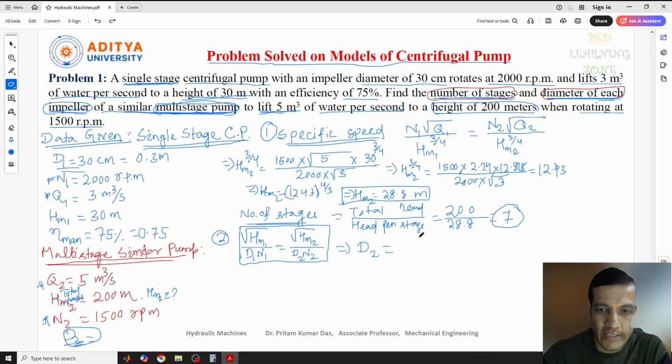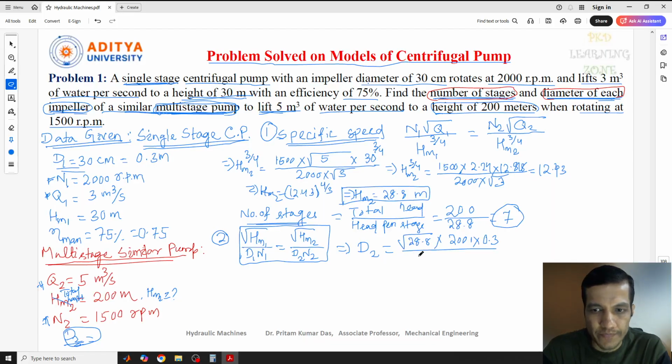So root over of hm2 will be on the top, so that is nothing but root over of 28.8 into, and this n1 will become here, that is 2000, into d1 also will be there along with that, so that is 0.3, and n2 will be in the denominator.